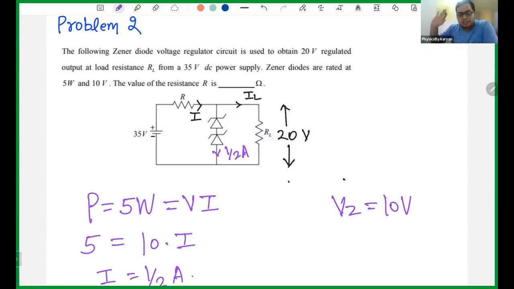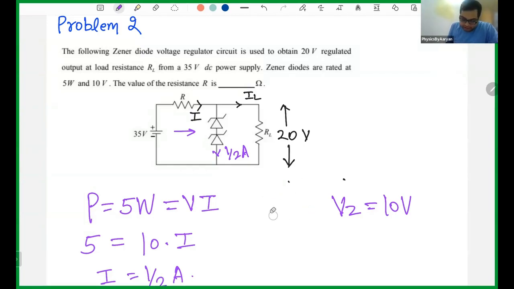That is the maximum thing that can happen in a circuit. The current was coming up, and for some other reason none of it goes to the load and all of it goes to the Zener. Even if that happens, this current should never be more than half ampere. That is what I want to achieve.